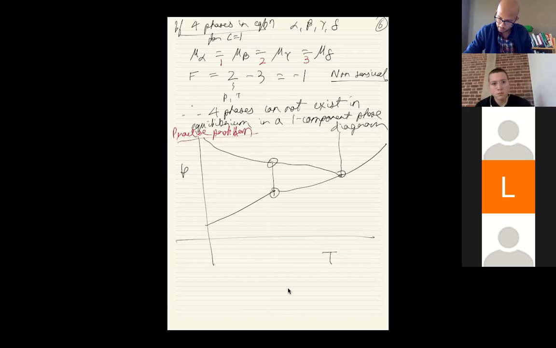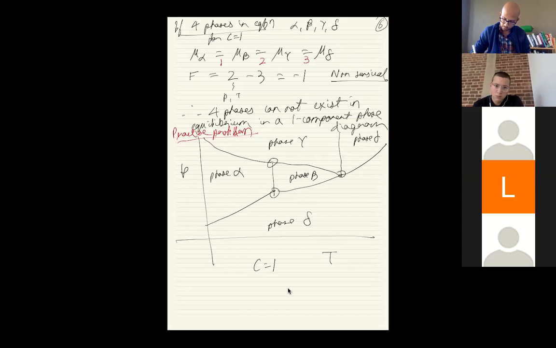In this, I have marked phase alpha, phase gamma, phase beta, phase delta, phase epsilon, and this is a one component system, okay? So the boundary here means that along this boundary, alpha plus delta can coexist.